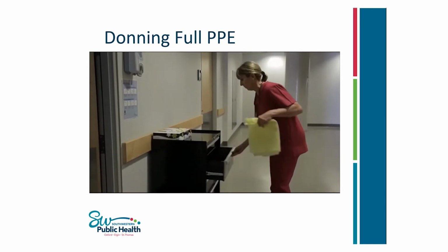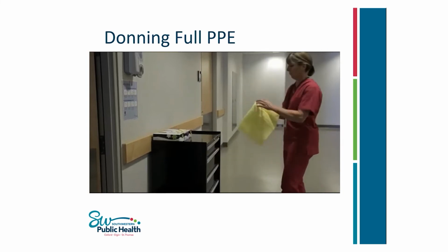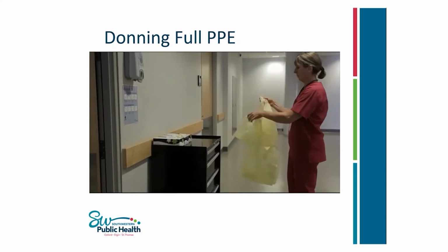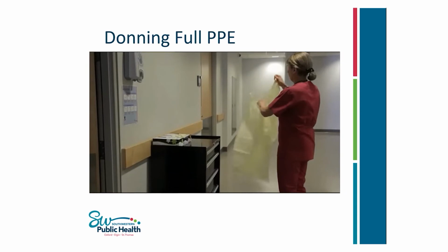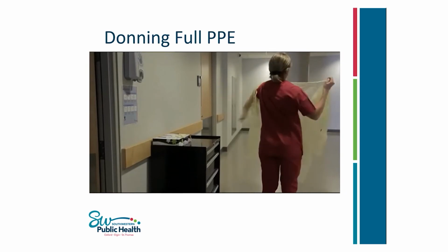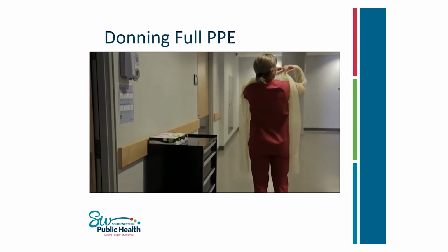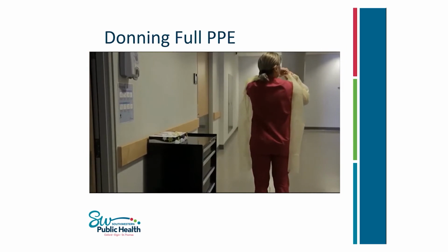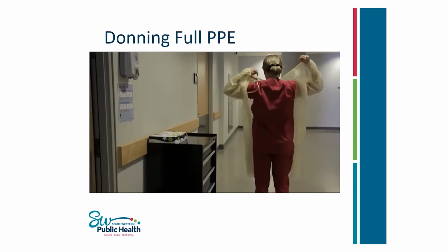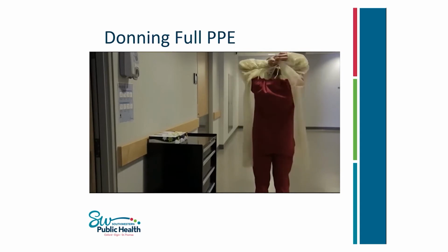And now the PPE that this worker is going to be putting on is to be used when you are providing direct care to a client. So this includes helping with feeding, helping bathe, changing clothing, or toileting. And that is the direct care definition from the updated guidelines from the ministry.